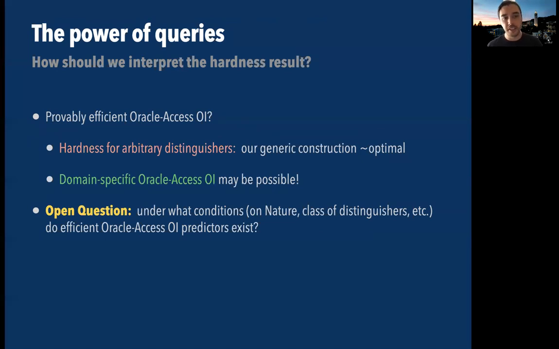And the real question is whether you can achieve Oracle Access OI more efficiently if you make certain domain-specific assumptions. I think it's a really good question to ask under what conditions on nature or class of distinguishers, these kinds of things, do efficient Oracle Access OI predictors exist, and what are their properties? Do you still inherit the strong protections that would be afforded by Oracle Access?